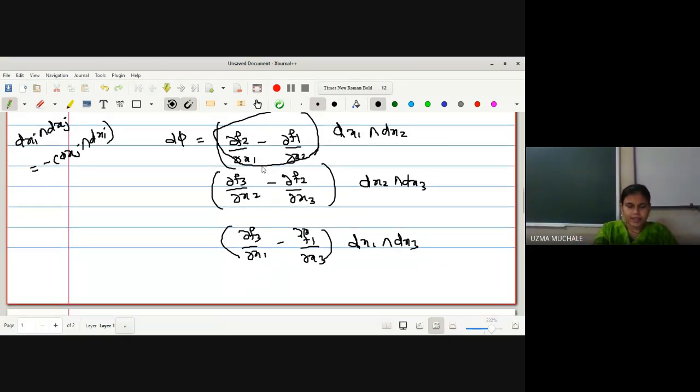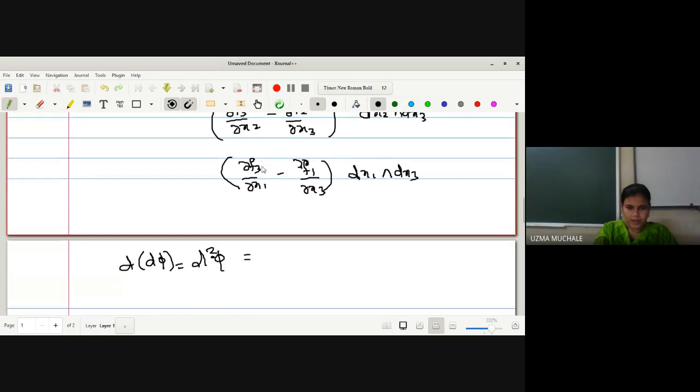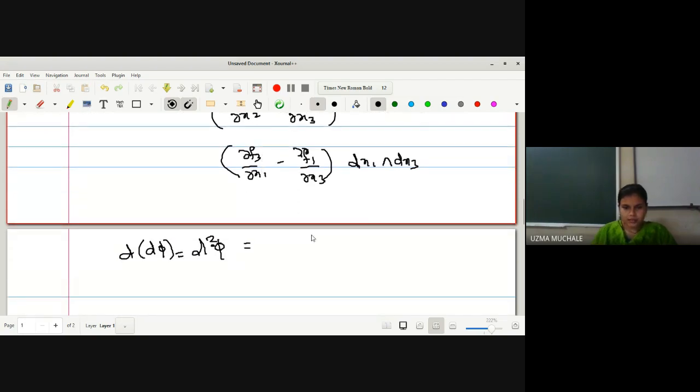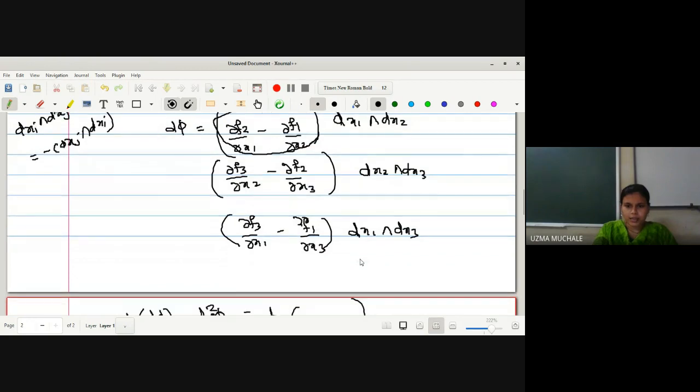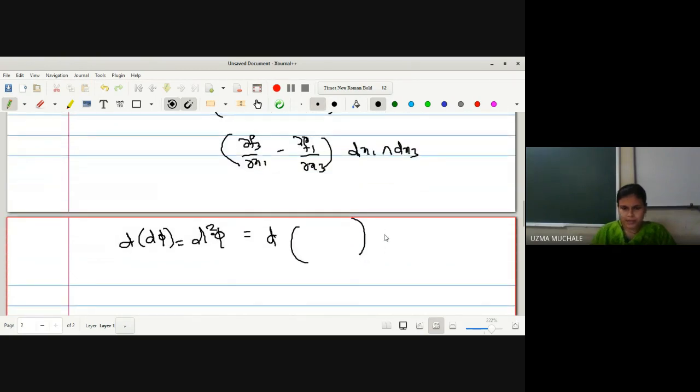We have to evaluate the derivative of the first one. This term we have to keep as f, right? D, this whole term, whatever there in the partial derivative, and dx1 आएगा यहाँ पे, correct?